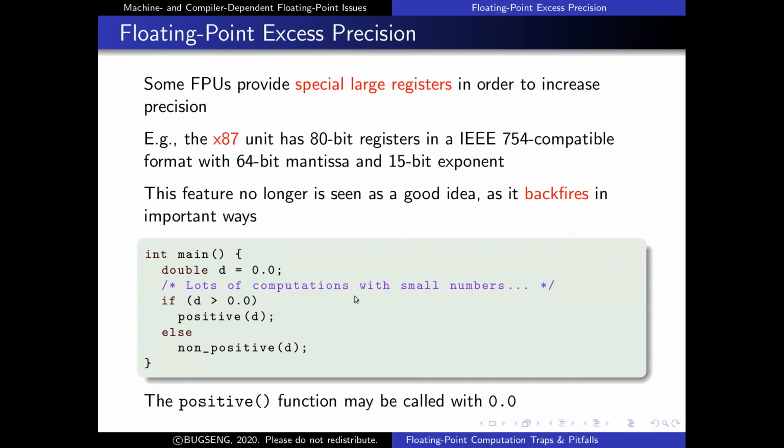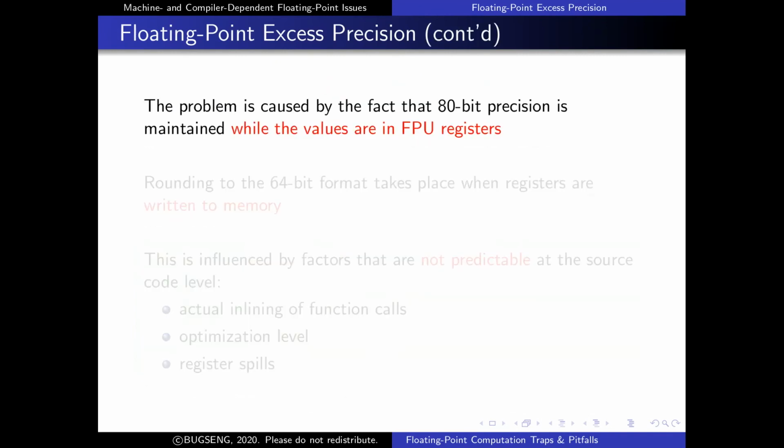However, as soon as d is written to memory in order to write it to the activation record of the positive function, it is rounded to 64 bits. So if it is a small number, this rounding from 80 to 64 bits can result in 0. And so positive is called in a way that was totally not expected by the programmer.